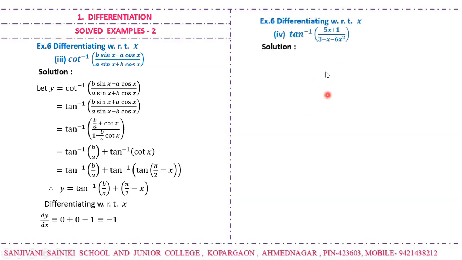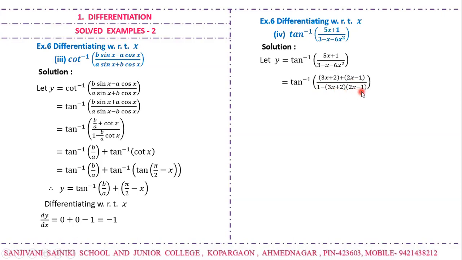Now moving further, tan inverse of (5x plus 1) upon (3 minus x minus 6x square). Here there is no 1, so we have to create 1. I have directly expressed this (5x plus 1) upon (3 minus x minus 6x square) as (3x plus 2 plus 2x minus 1) upon (1 minus (3x plus 2) into (2x minus 1)).